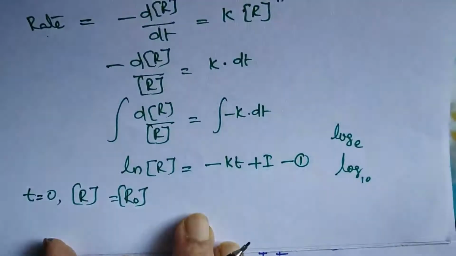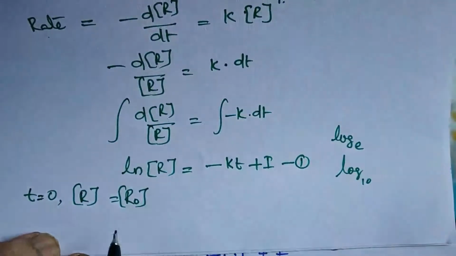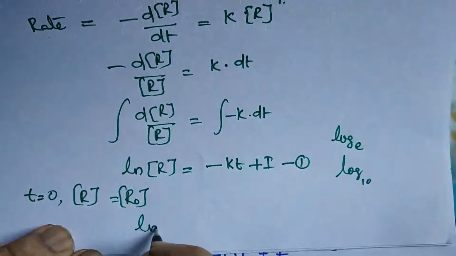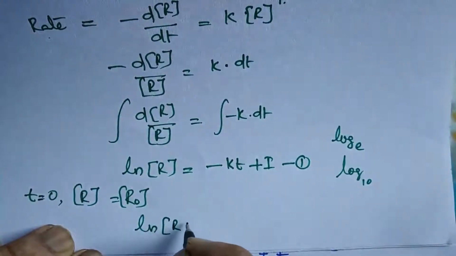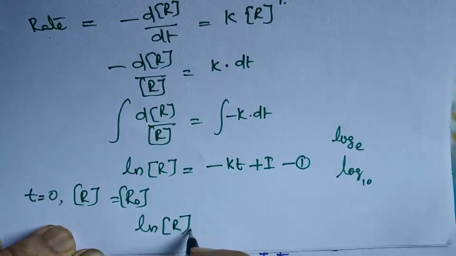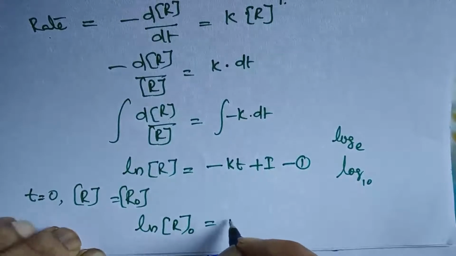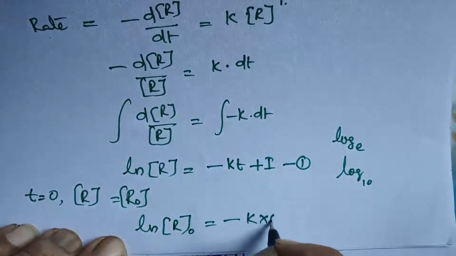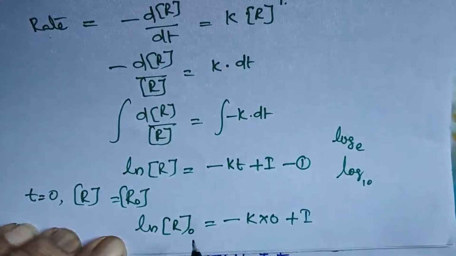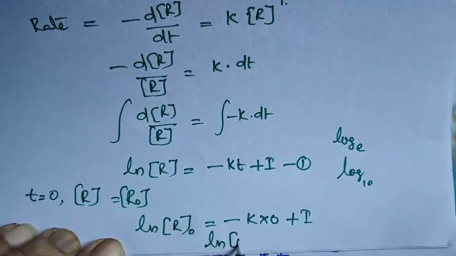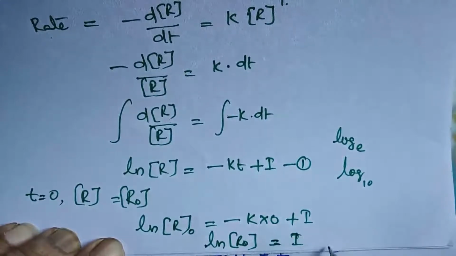So we will put these two values in the first equation, that is ln R0 is equal to minus k into 0 plus I. So ln R0 is equal to I. This one is the second equation.